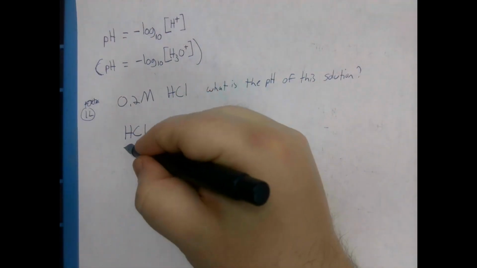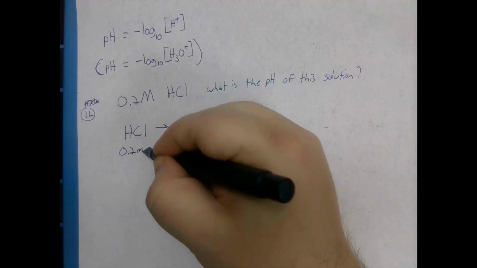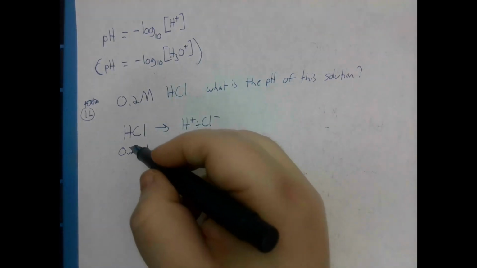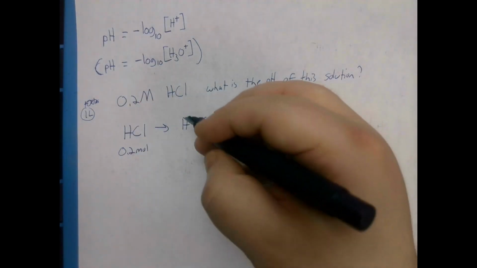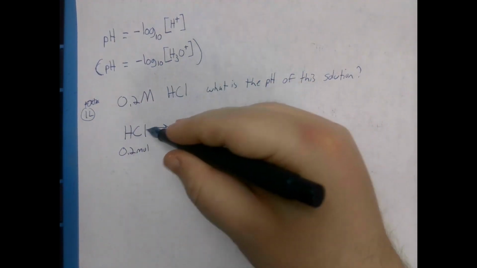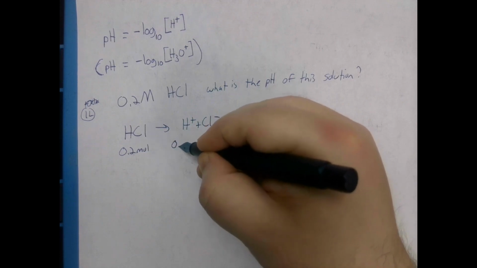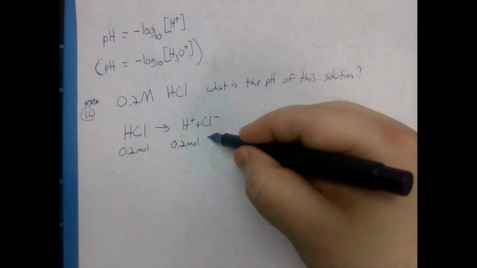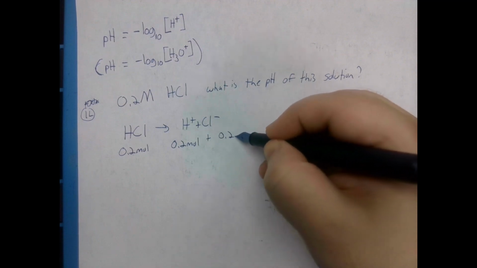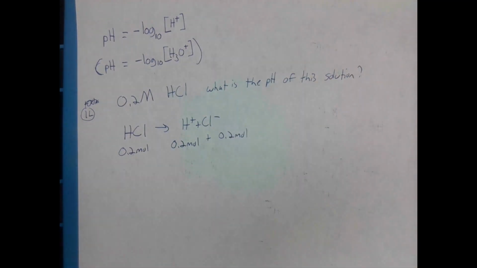So if I have 0.2 moles per 1 liter, that's the molarity, then this is going to be a 1-to-1 ratio. I would have 0.2 moles of H plus and 0.2 moles of Cl negative.